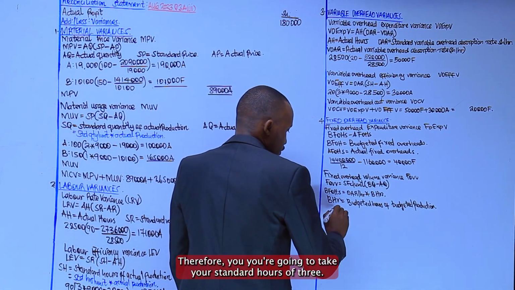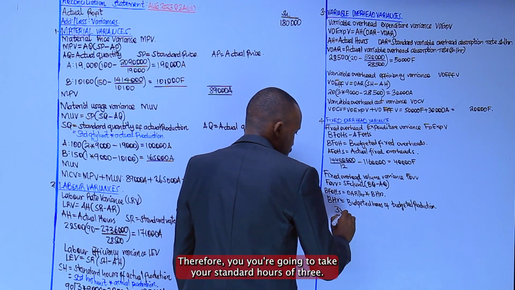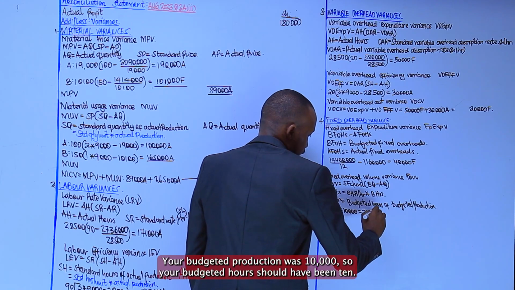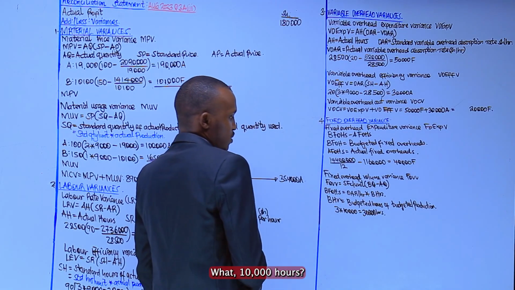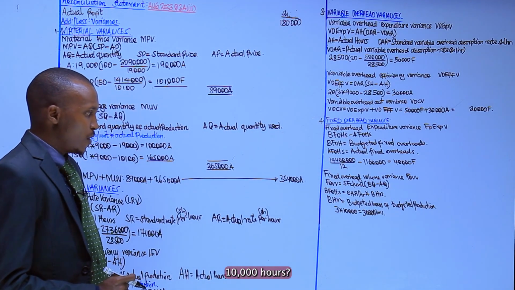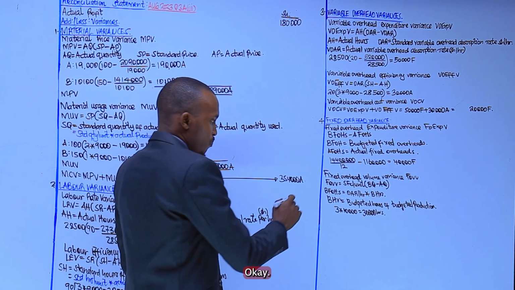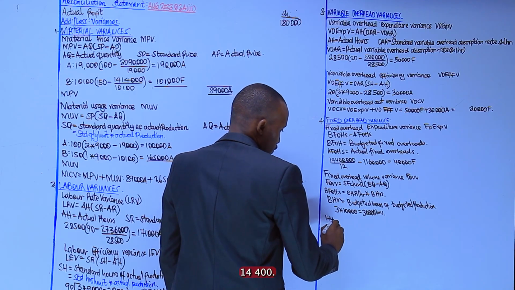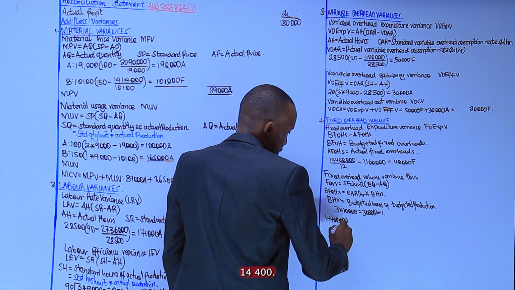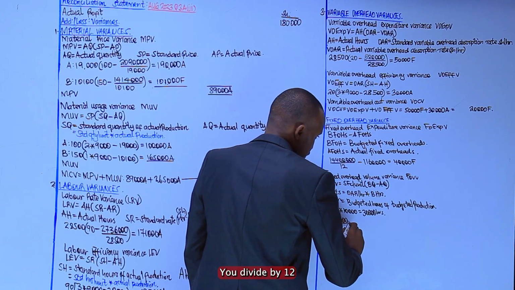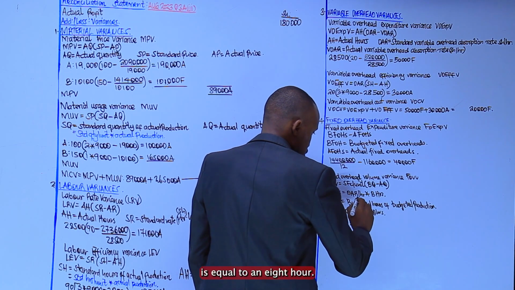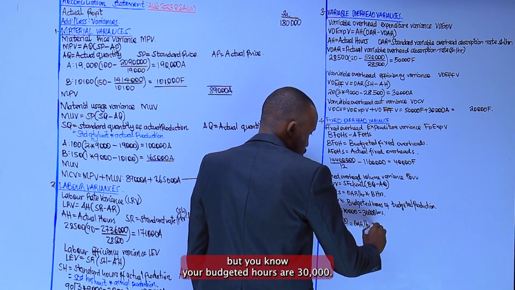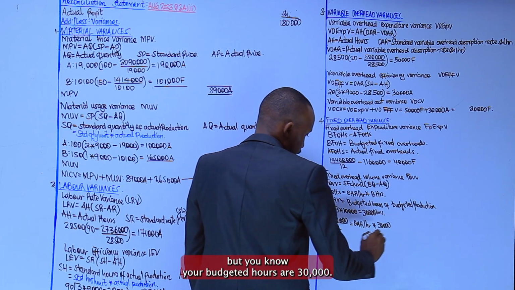Therefore, you're going to take your standard hours of 3, your budgeted production was 10,000. So your budgeted hours should have been 10,000 hours. Your budgeted fixed overheads are here, 14,400, you divide by 12 is equal to an OAR you don't know, but you know your budgeted hours were 30,000.